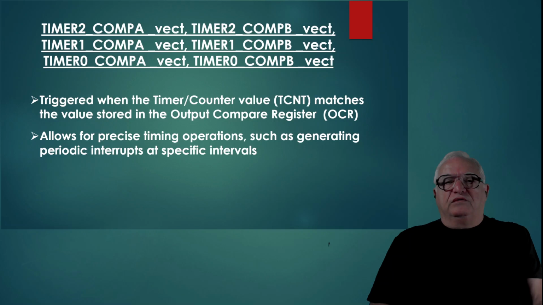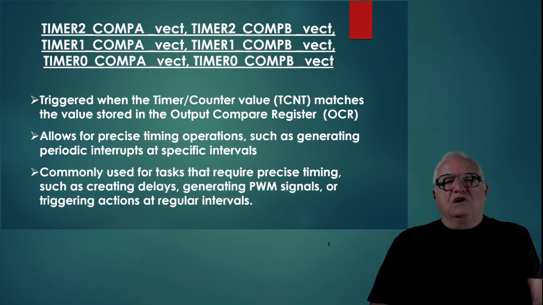This allows for precise timing operations, such as generating periodic interrupts at specific intervals. Commonly used for tasks that require precise timing, such as creating delays, generating pulse width modulation signals, or triggering actions at regular intervals.